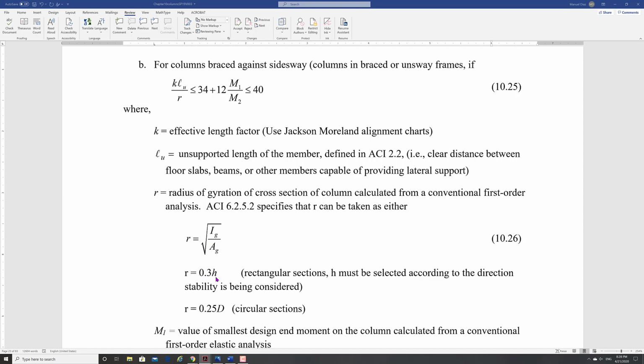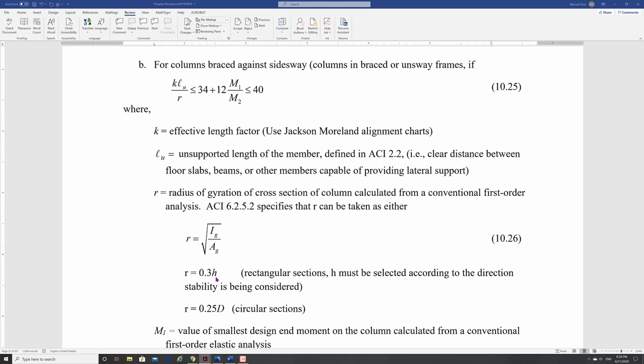If it's a square column, it doesn't matter. But if it's a rectangular column, you need to decide, again, this is something that we've been doing already, right? Which way is it going to bend? Which one are you looking at? Because your h will change depending on the direction of your wind load or your earthquake load, right?